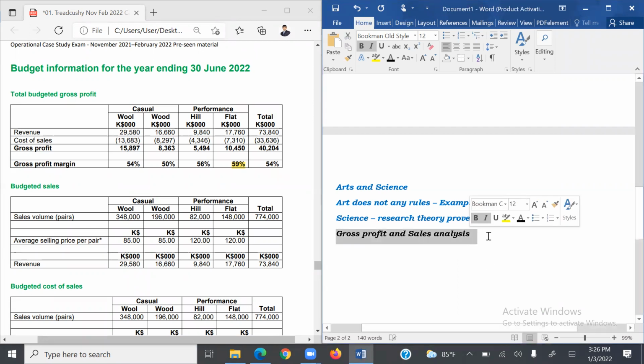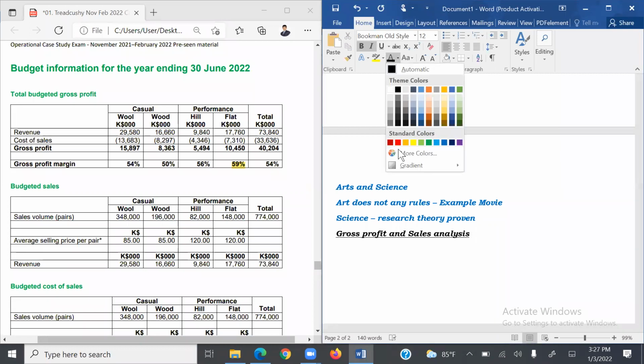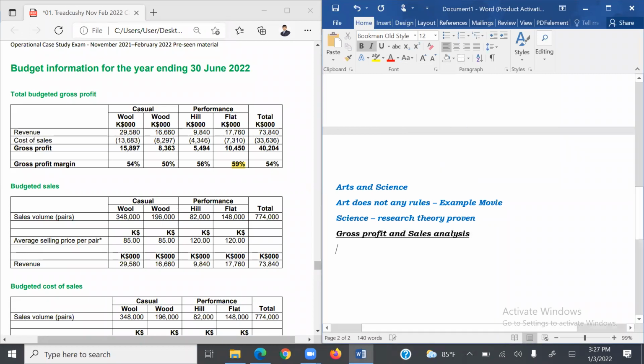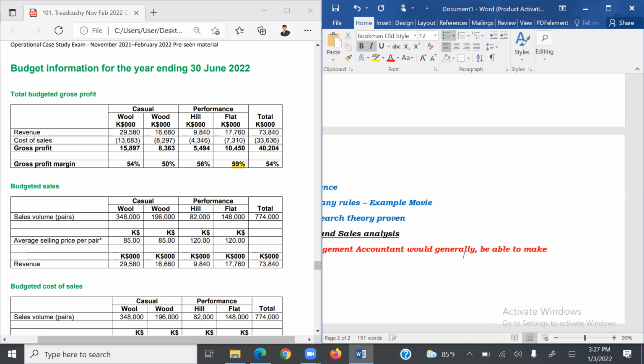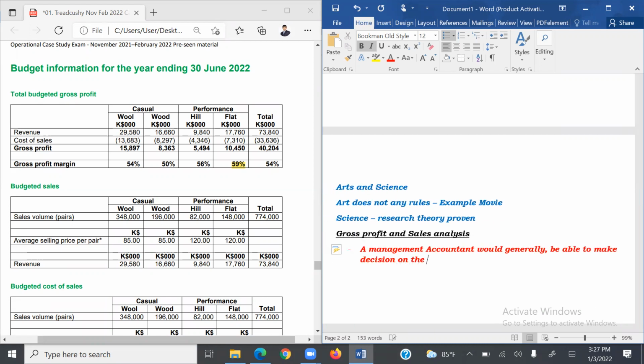So the basic application here, what I'm going to say is, a management accountant would generally be able to make a decision on the detailed aspect.